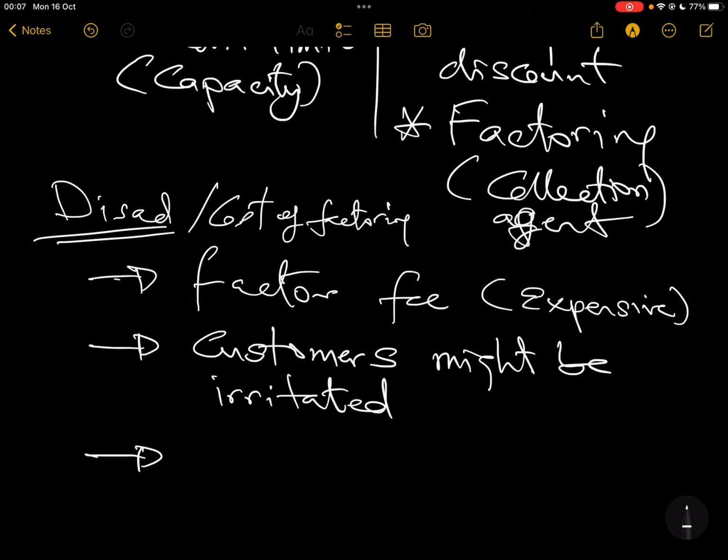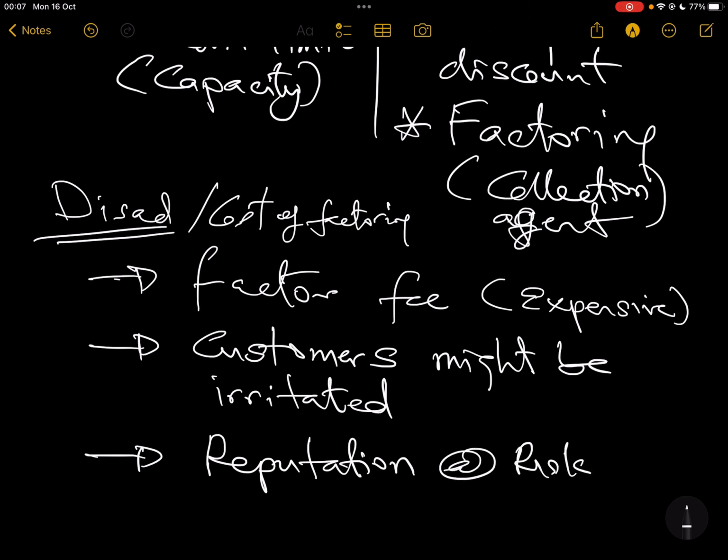And also, because of the way they handle their collection, your reputation might be at risk as a company. Because if all customers believe that when they are owing you, you're going to send some wicked factors to them, then it's a problem. So your reputation might be at risk, and you won't like that.